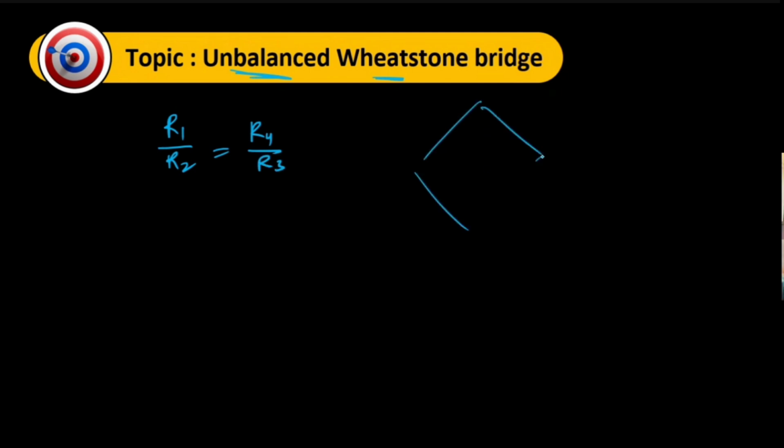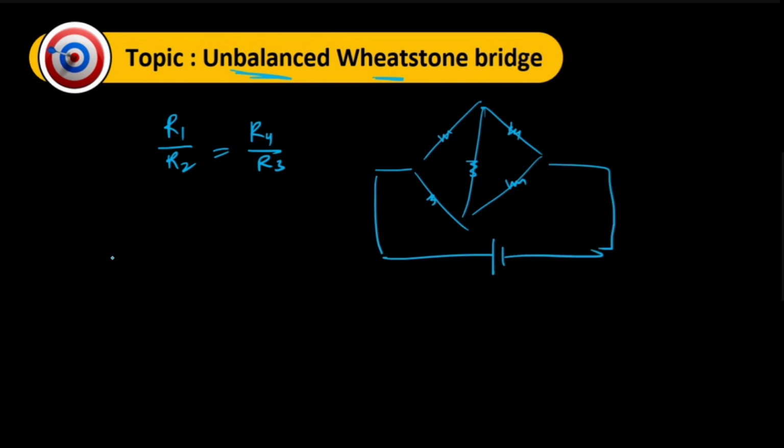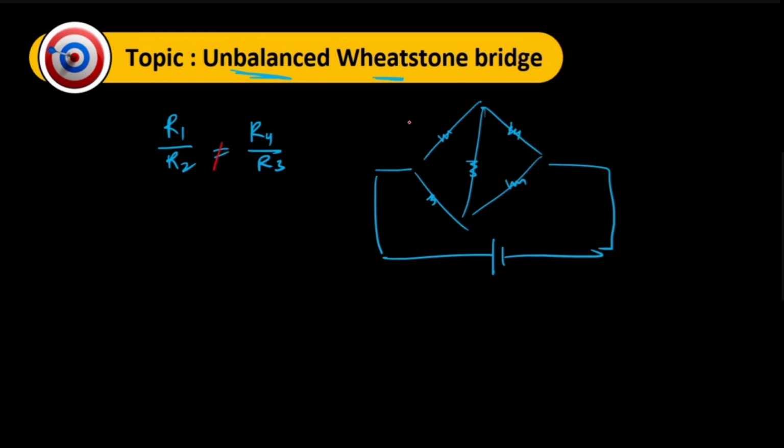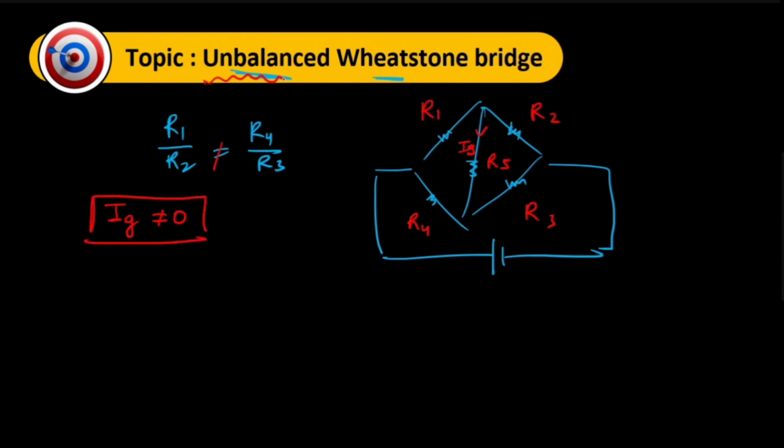For those Wheatstone bridges for which this ratio is not equal, like R1, R2, R3, R4, the Ig that is passing through the middle wire is also not equal to 0. And that makes it an unbalanced Wheatstone bridge.